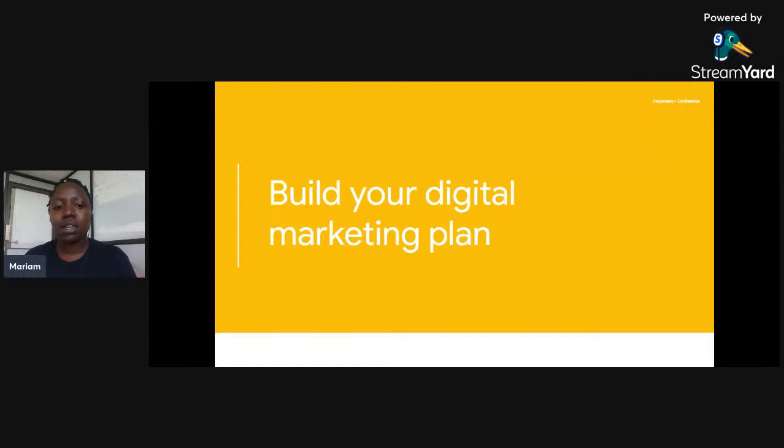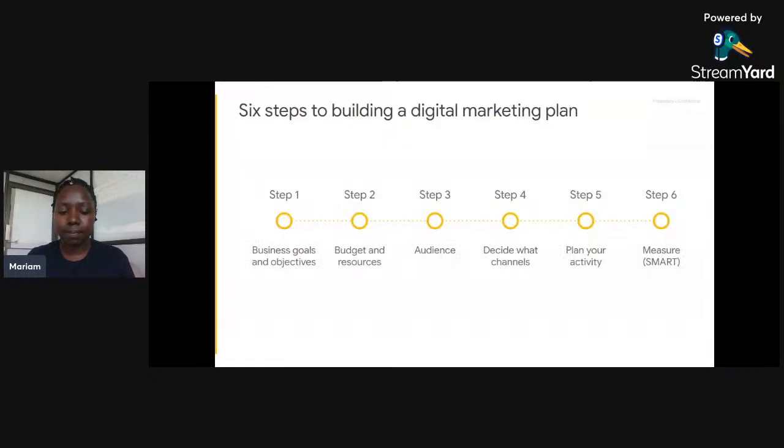So let's go ahead and look at how you can build your digital marketing plan. When you're building a digital marketing plan, there are a number of steps that you need to look at, and on your screen you can see the different steps. We're going to go deep into these six steps, so you don't have to worry. The first one is you need to have your business goals and objectives set.